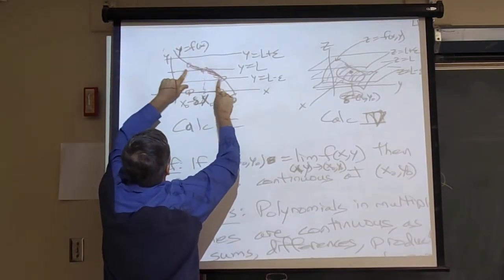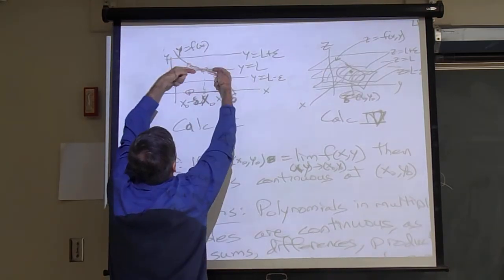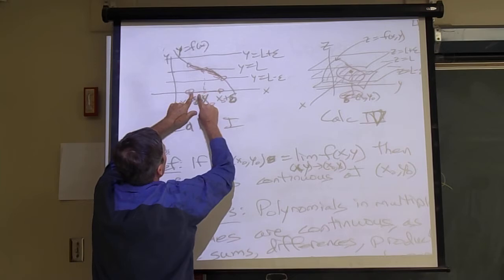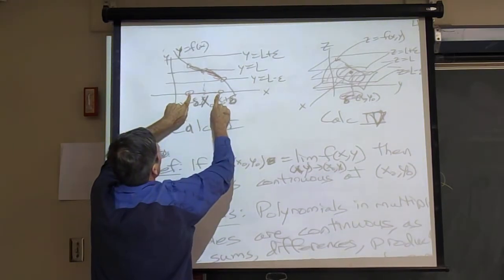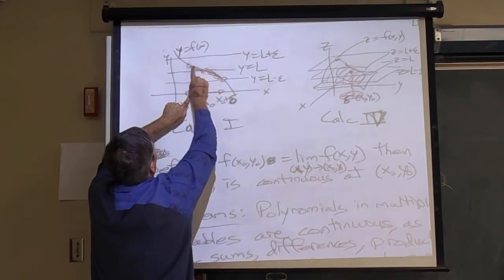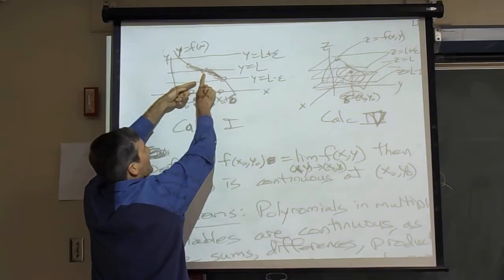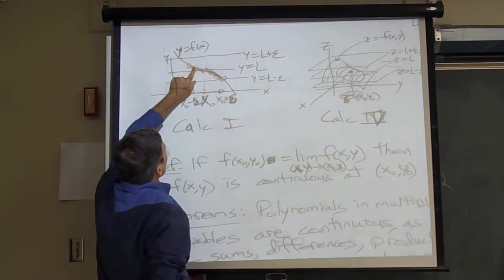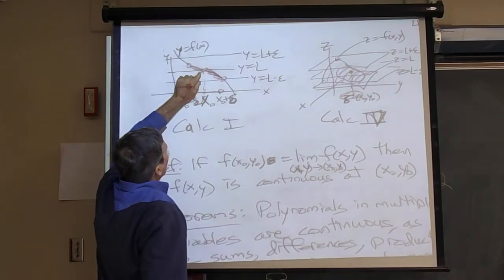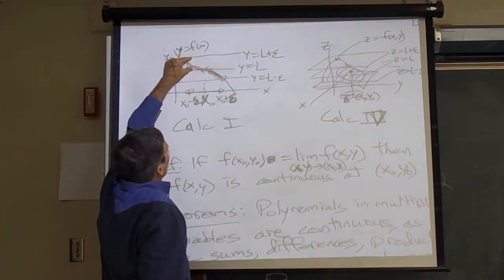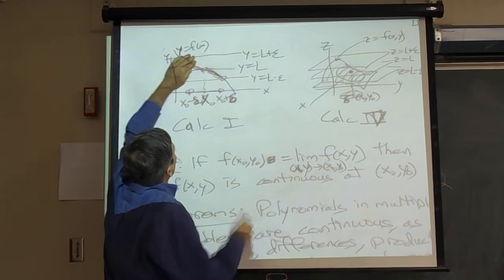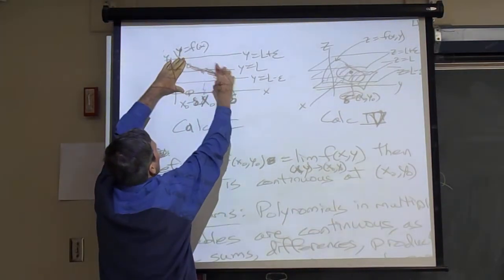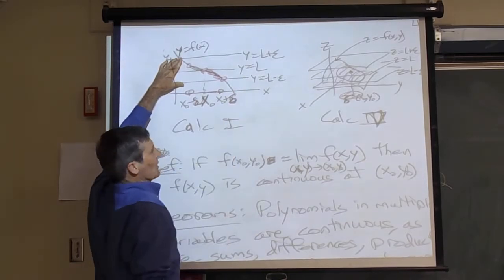So if you pick epsilon above the line y equals L and epsilon below, then I just pick this delta to go this distance on each side, and along this thing, omitting the point in the middle, because the function doesn't have to be defined at the point, just on some interval on each side, if no matter how small you pick epsilon, I can find a delta such that this piece of the function between plus and minus delta on each side stays within those two lines, then we say the limit's L.